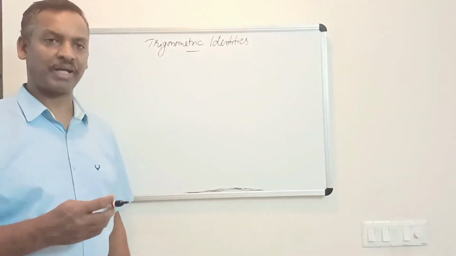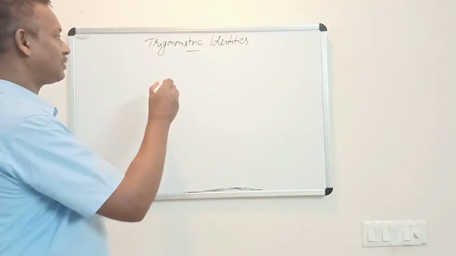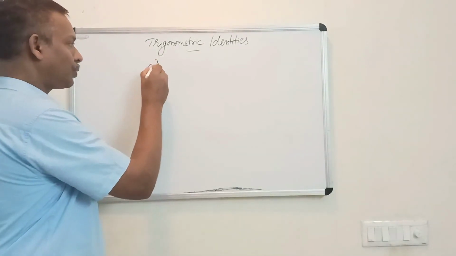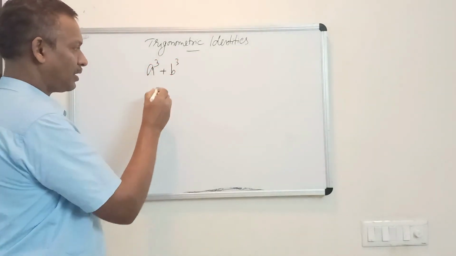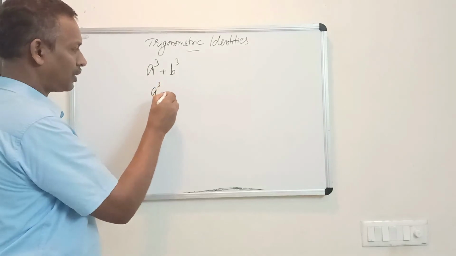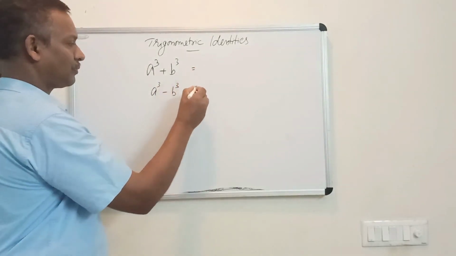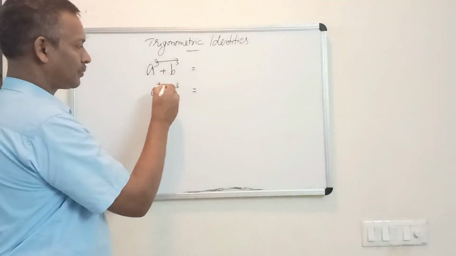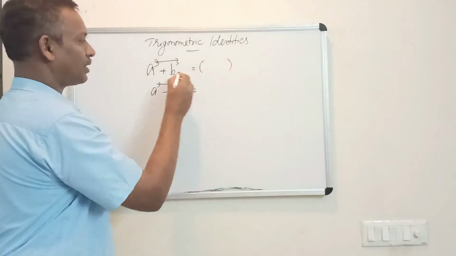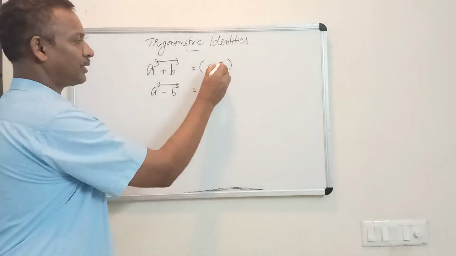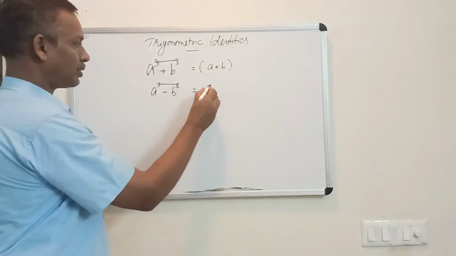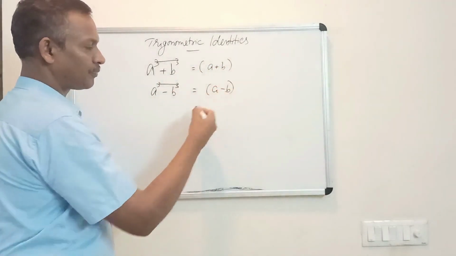Next two algebraic identities I am going to discuss here are a cube plus b cube and its other form, a cube minus b cube. We can remember it very quickly. Remove their cubes and form the first bracket. If it is plus, you write a plus b. If it is minus, you write a minus b.